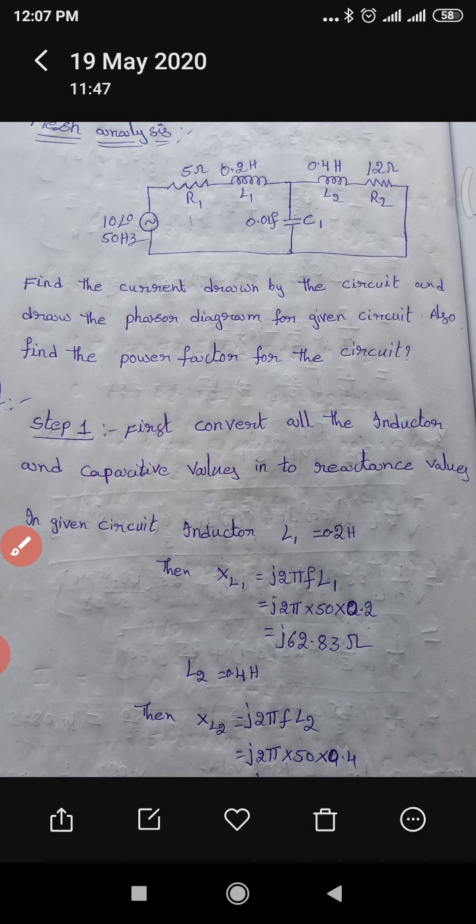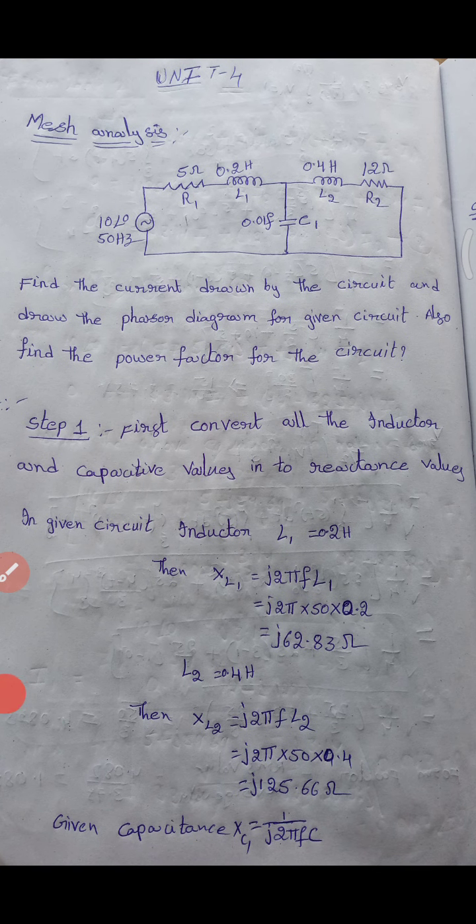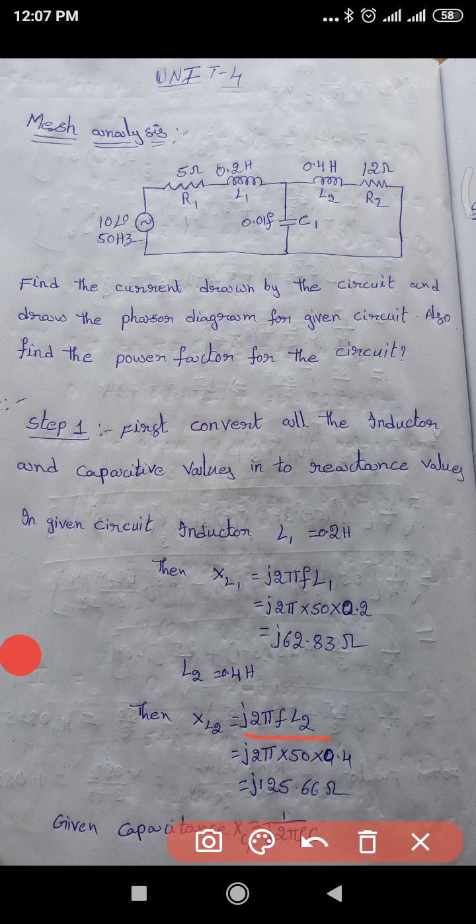Similarly, L2 is converted using the same formula, j 2 pi FL2. L2 is 0.4 henries, already given in the circuit, and F is 50 Hz. Substituting and calculating, we get j125.66 ohms.